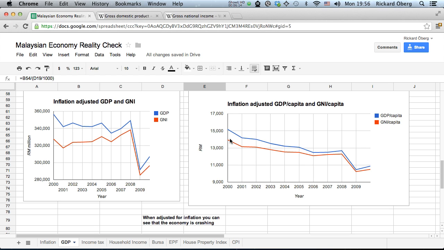But we can see here that both GDP per capita and GNI per capita are basically going down, especially in the big 2008 crash, where the value of the ringgit just goes down. There's a small catch up here at the end, but it's a big crash to recover from, and I think it's safe to say that 10 years later, the economy is much worse off than it was in 2000.